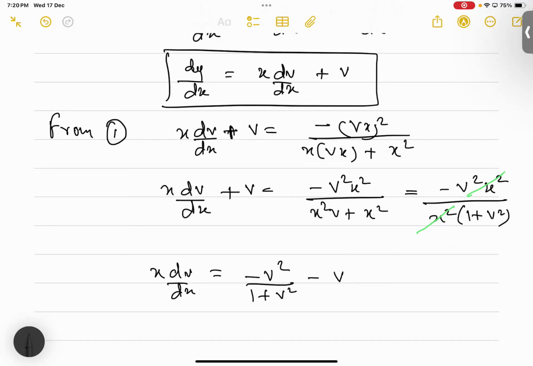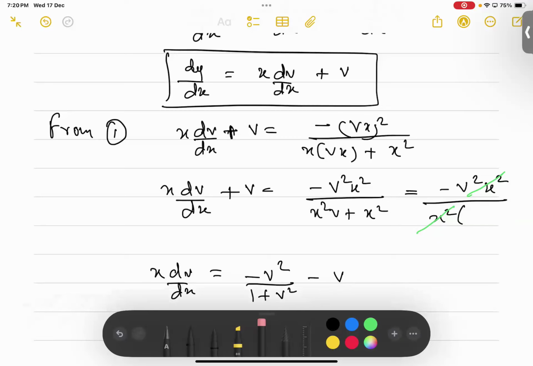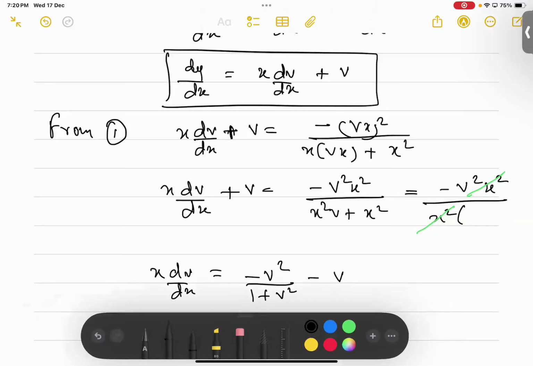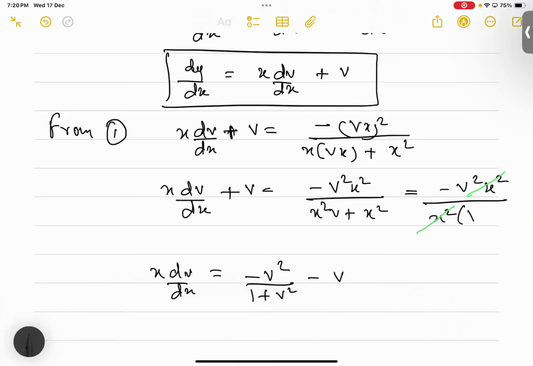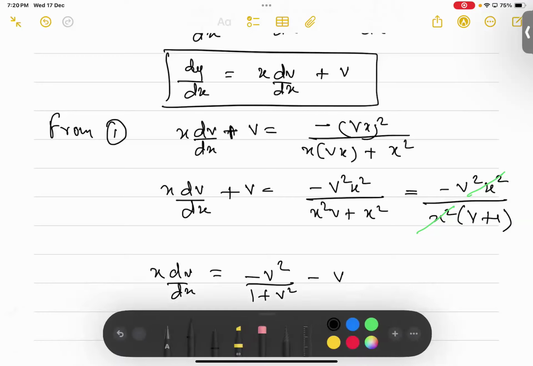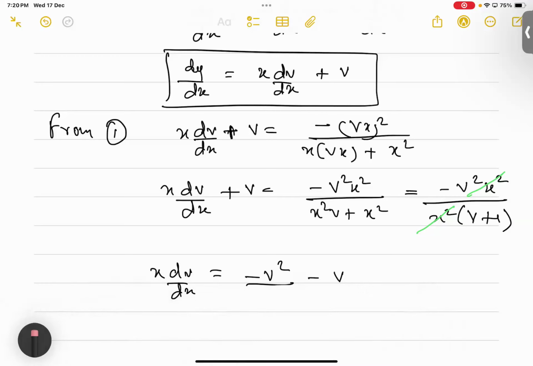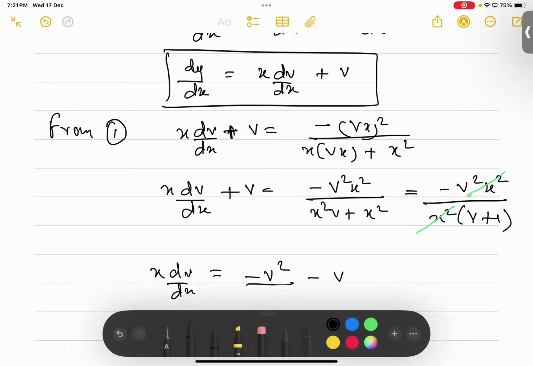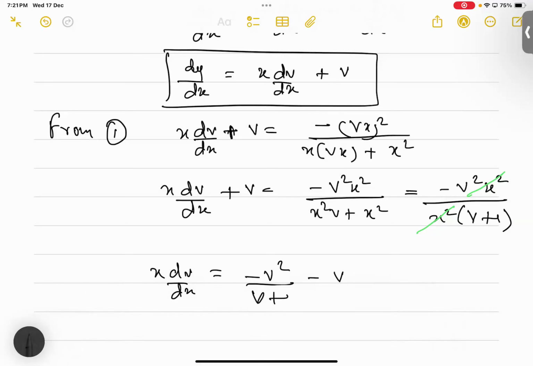One second. I wrote v square. It shouldn't be v square, right? We'll just write v plus 1 or 1 plus v. Okay. So this also has to be changed. v plus 1. Okay.